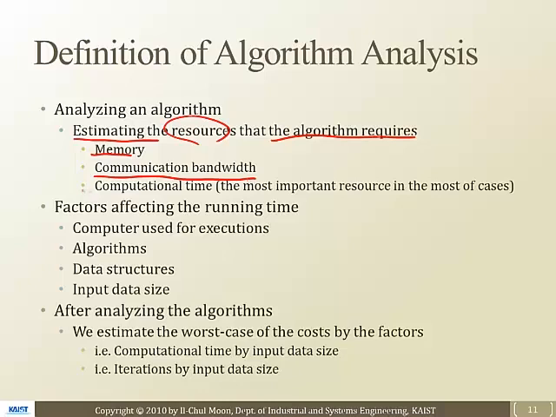Another, and the most critical, resource of computation or an algorithm is the computation time, the time itself, right? The most appropriate quote would be that time is golden, right?